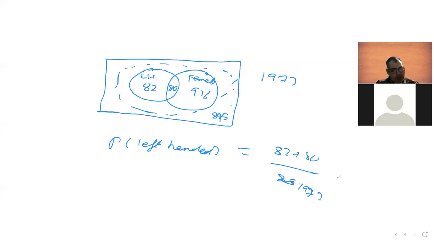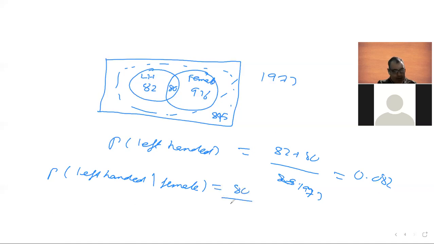Right? And this value you will get is 0.08. And if you find P(left-handed given female), you get 80 divided by 80 plus 916, because this will be female, P(female), and this will be P(left-handed intersection female), the numerator, and the denominator will be P(female).